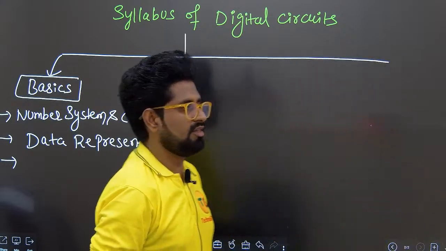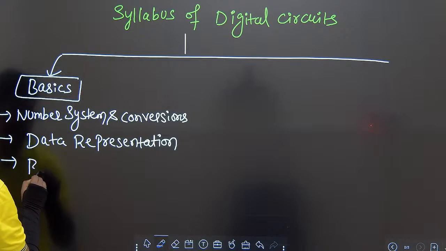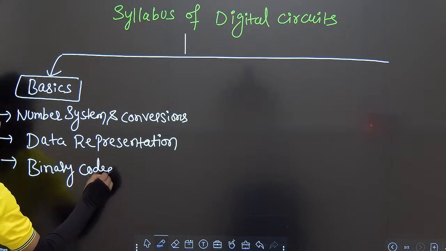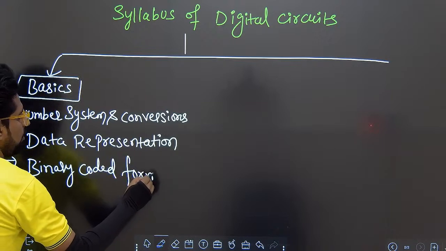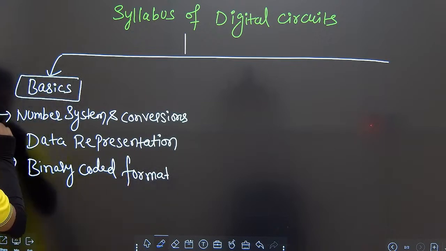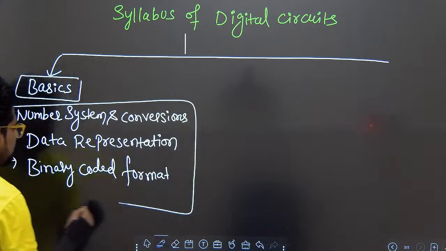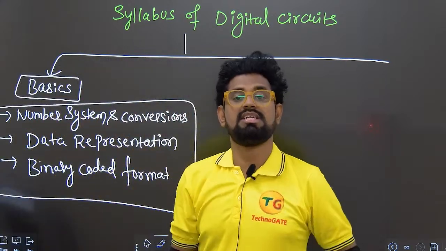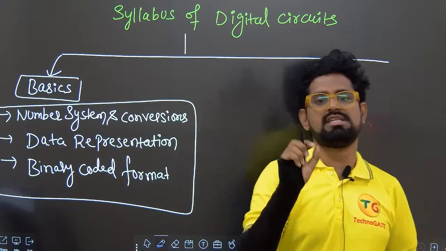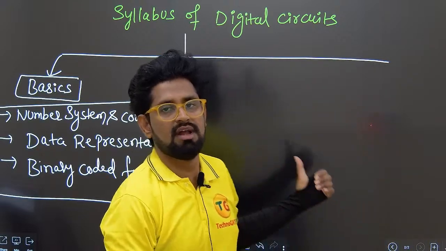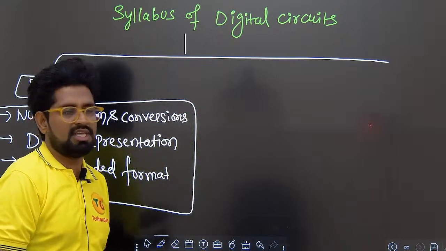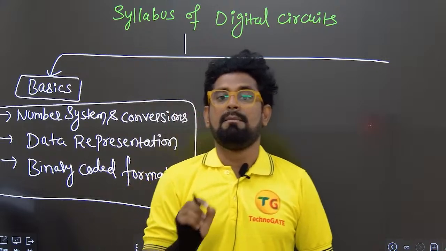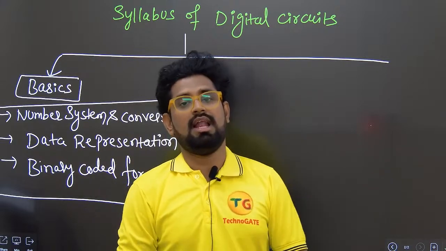And the third module is various binary coded formats. Anyhow, I am going to cover binary addition, subtraction, multiplication and division in the number system conversion itself; these are some basic fundamentals I am going to cover in the basics only. So these three are the main portions that I am going to cover in the basics of digital electronics.